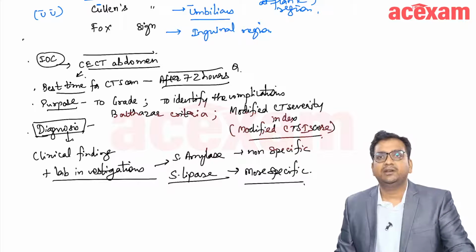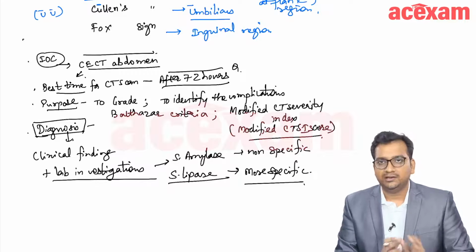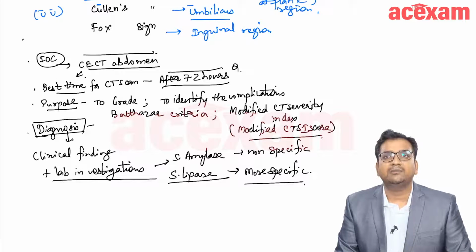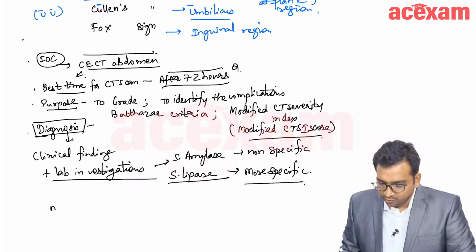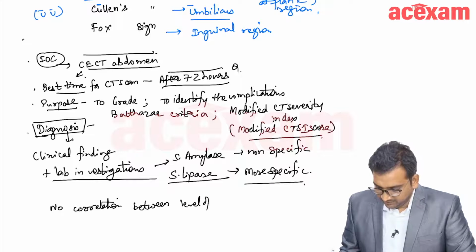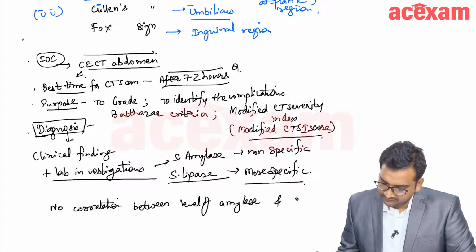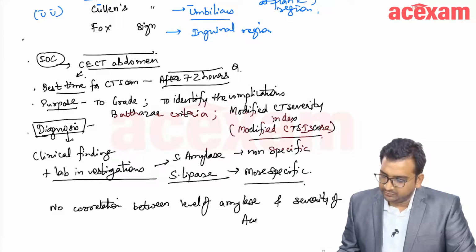This is very important. Okay, so there are multiple questions which are asked, like what indicates severe acute pancreatitis: Ransom score more than 3, Glasgow score more than 3, amylase more than 1000. Then rising amylase does not indicate more severe pancreatitis. Okay, so there is no correlation between the level of amylase and the severity of acute pancreatitis.